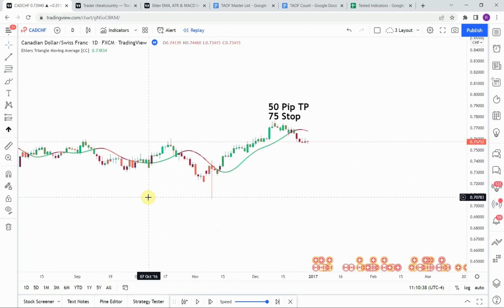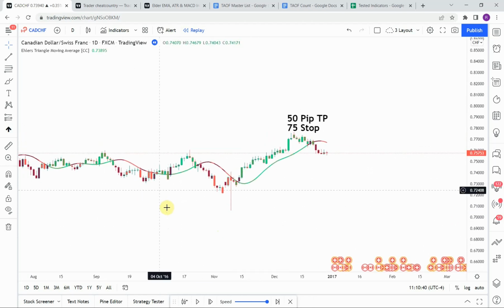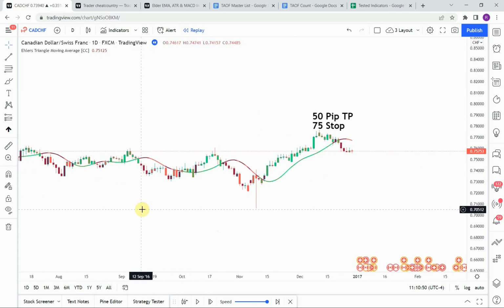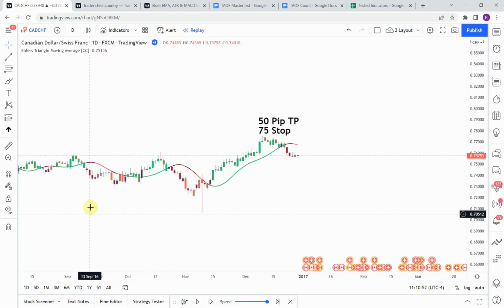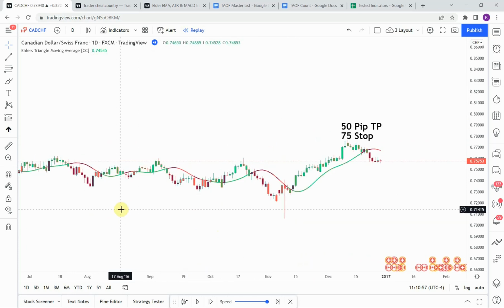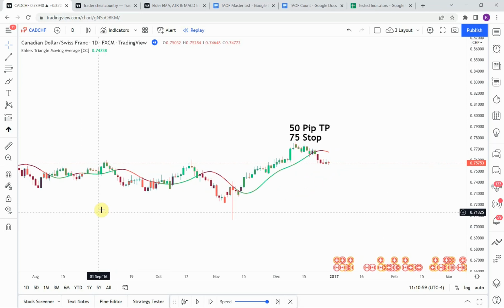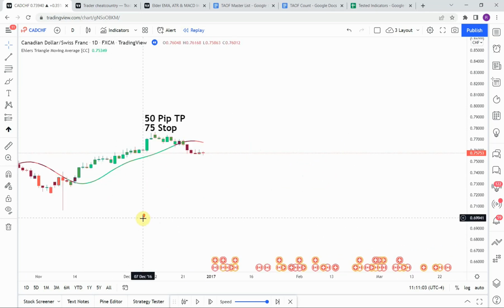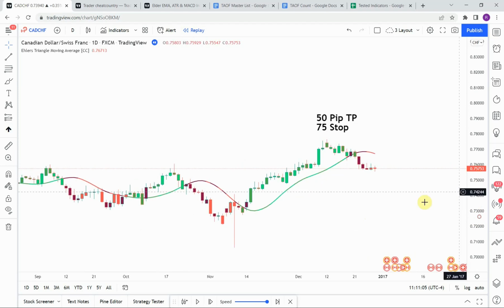But in this particular case, I'm actually going to go ahead and leave the bar coloration on. It just makes it a little bit easier because this moving average is a tad bit more complex than most other moving averages in the way that it gives signals. And so the setup on this is actually relatively easy, even though the indicator is a little complex.